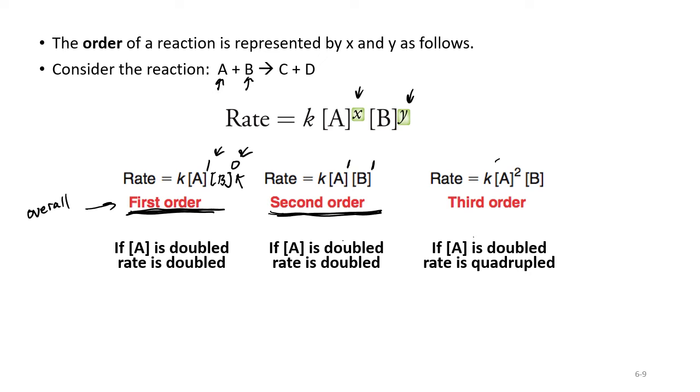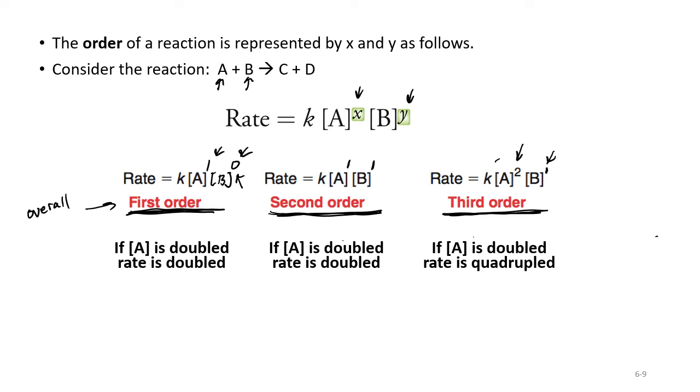Now there's a lot of different combinations of these, but we'll look at one more example, a third order reaction. If the exponent for A is 2 and for B is 1, let's look at how the concentrations will affect the rates. Because A has an exponent of 2, if you double the concentration of A, you would end up quadrupling the rate of the reaction.